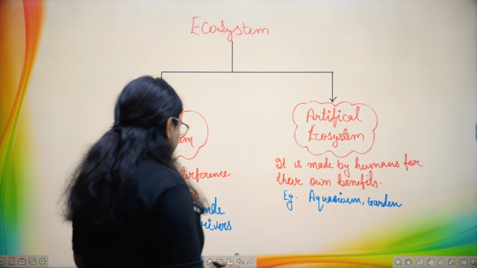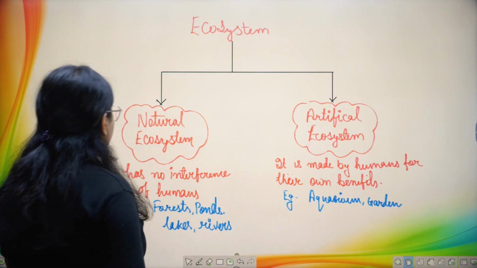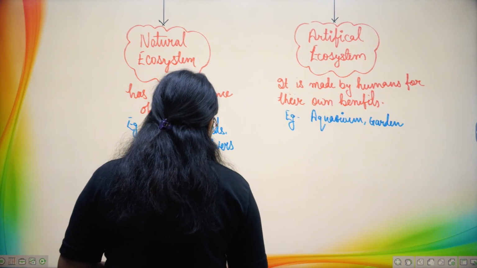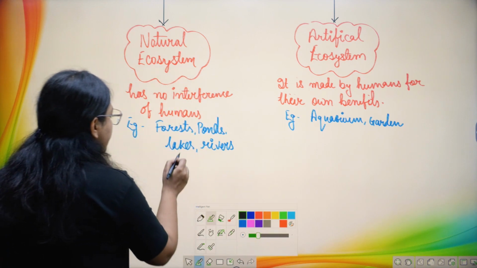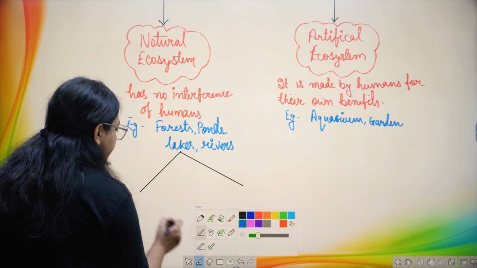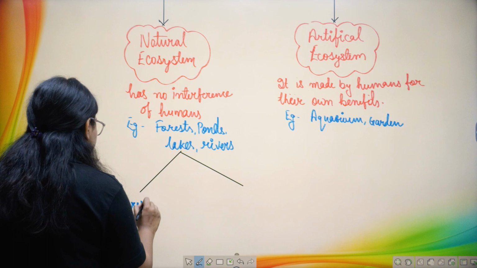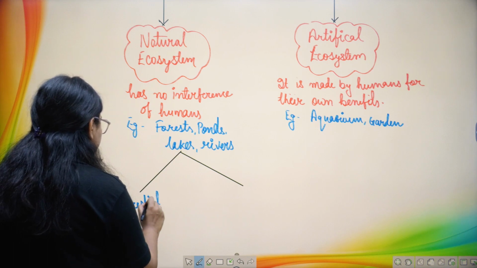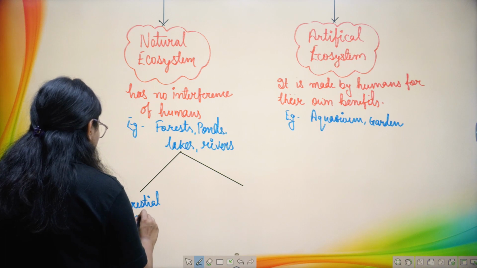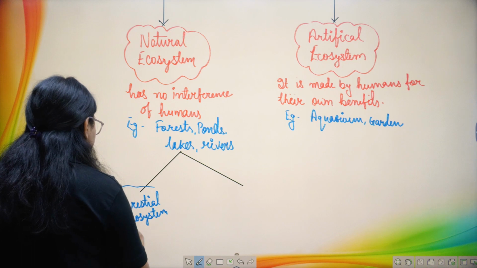Now let's understand, natural ecosystem will further be classified into two parts, right? First will be called terrestrial ecosystem.